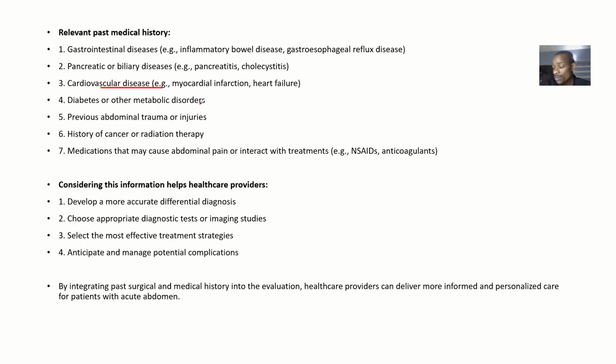You ask them about diabetes or metabolic disorders. You ask them about previous abdominal trauma or injuries. You ask them about history of cancer or radiation therapy. You ask them about medications that can cause abdominal pain or interaction with treatments, like non-steroidal anti-inflammatory drugs and anticoagulants, right?